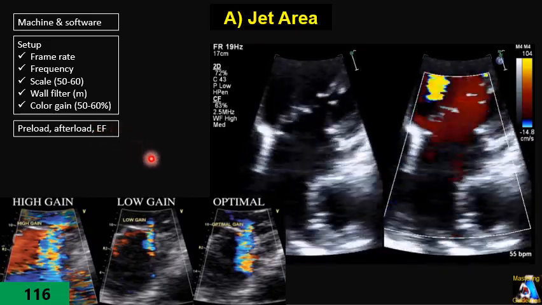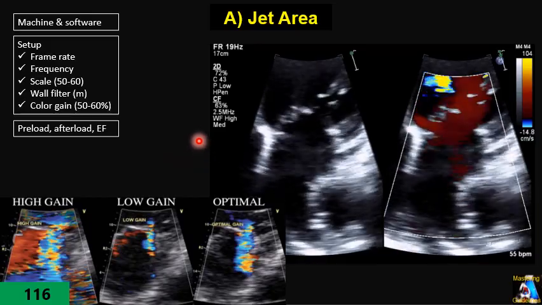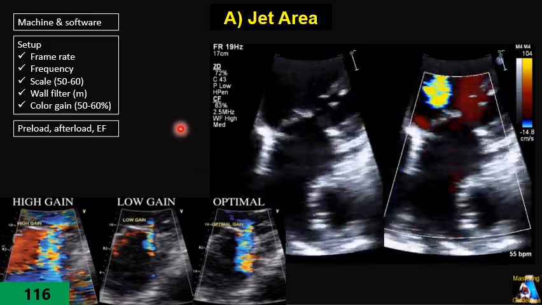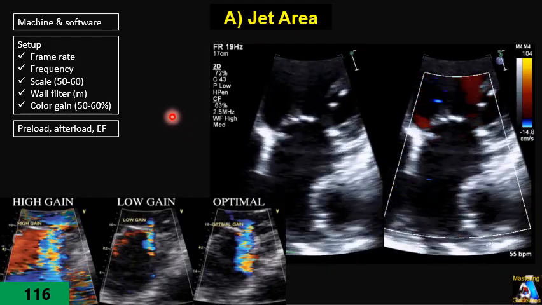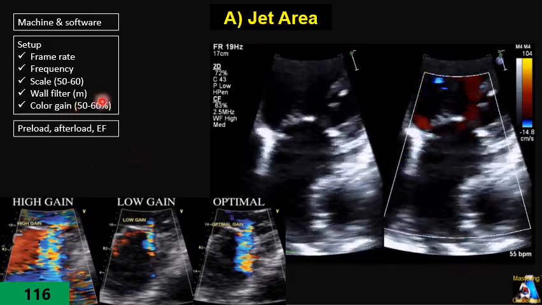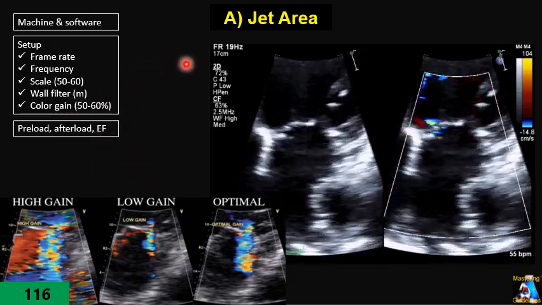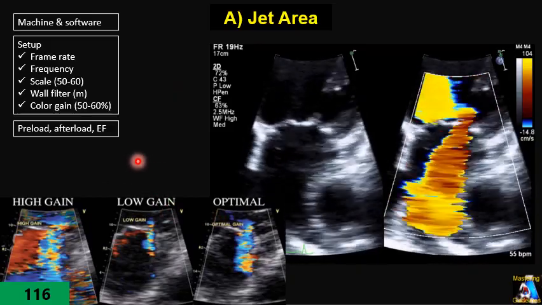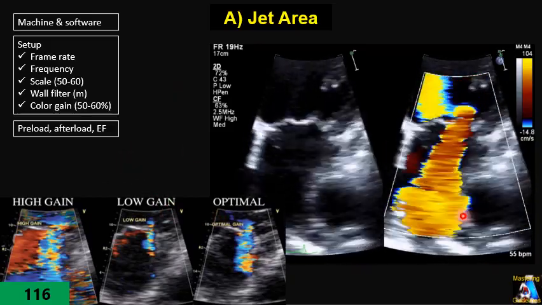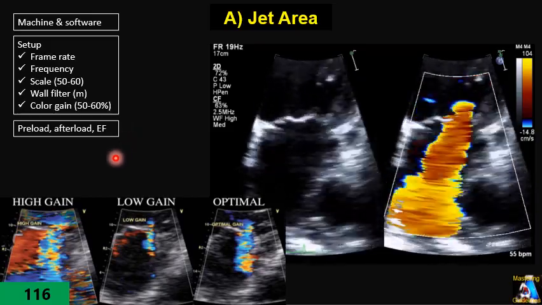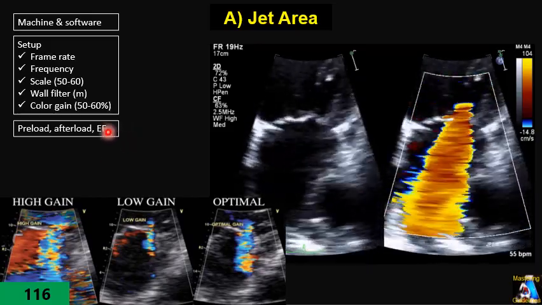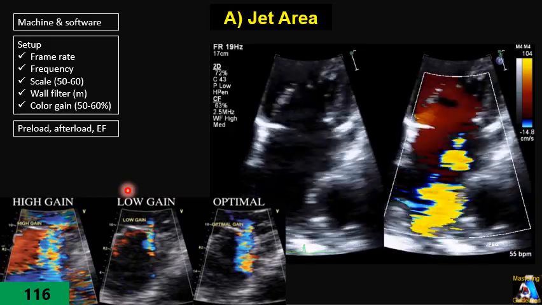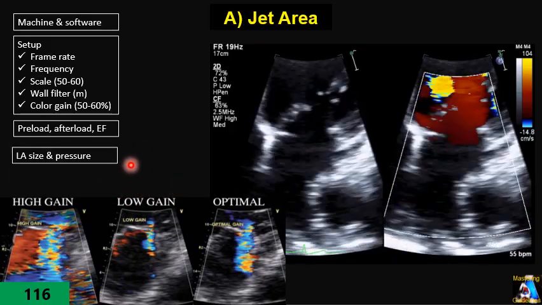For example, high blood pressure, if the LV function is normal, increases the contractility of the heart, and besides that, pushes blood to the other side, that is MR or AS. If you have AS, it increases the jet area disproportionately to the real MR. The next one is LA size and pressure.